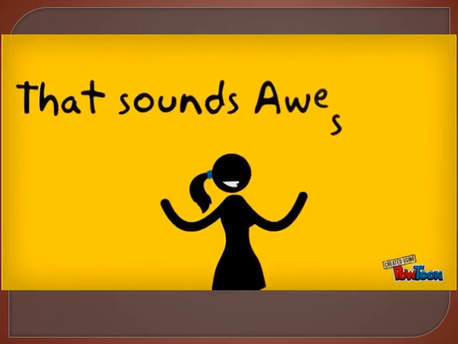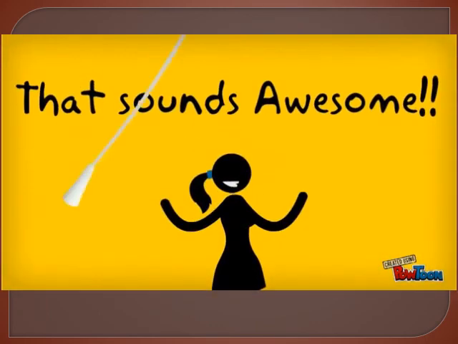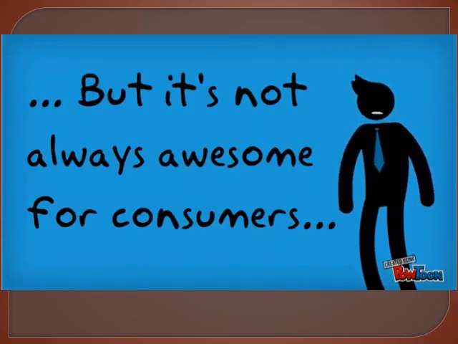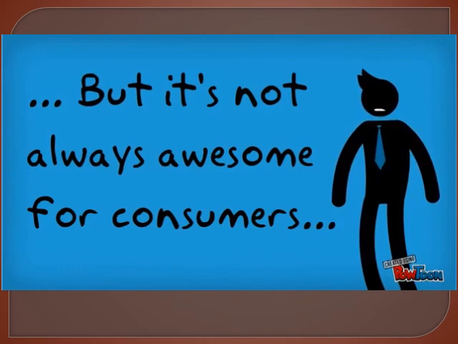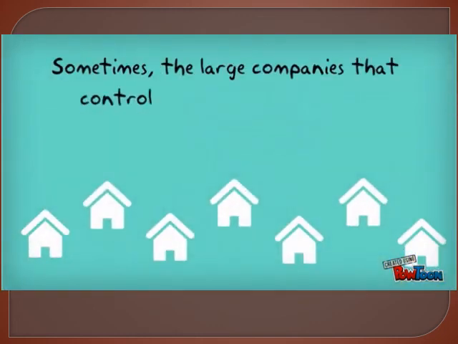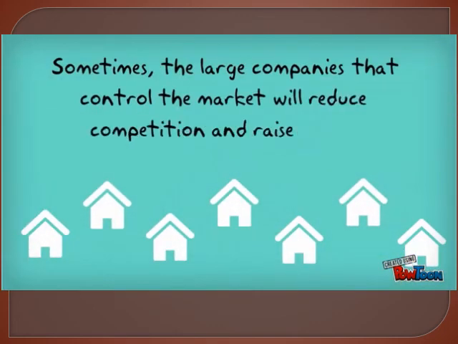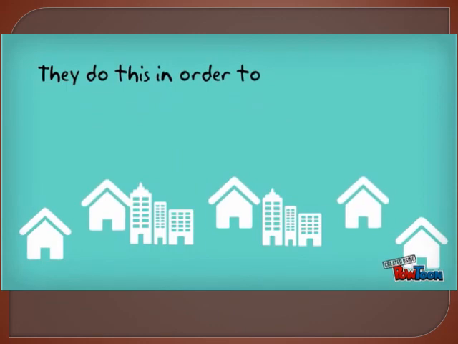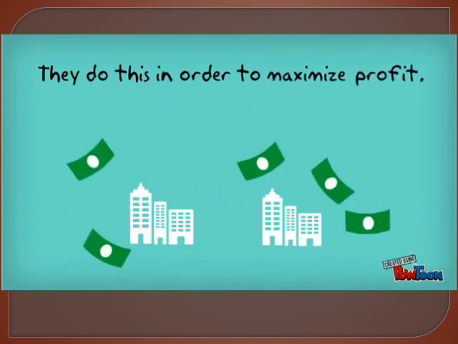That sounds awesome! But it's not always awesome for consumers. Sometimes the large companies that control the market will reduce competition and raise prices. They do this so that they make more money.